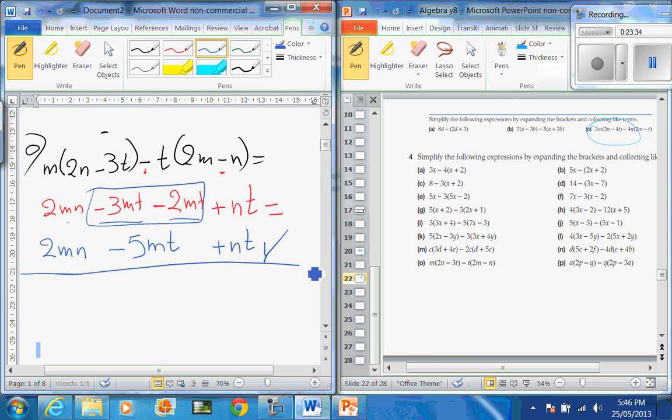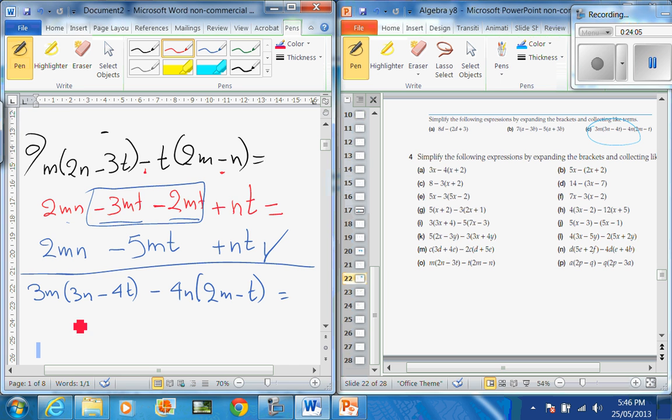It reads like 3m, and inside 3n, take away 4t, minus 4t minus 4n, brackets 2m take away t equals. Let's start.